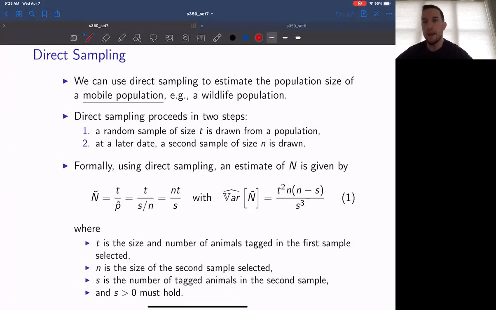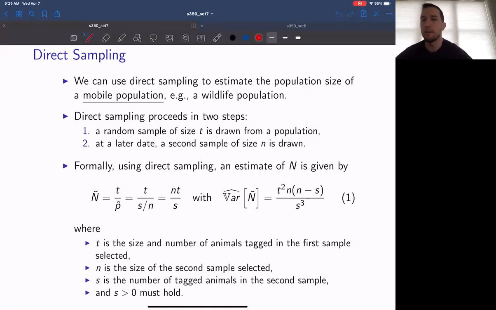N tilde, our estimator for capital N, is equal to little t divided by p hat, where p hat is little s over n. This gives us little n t over s. In this situation, n is the size of the second sample that was drawn, T is the size of the first sample that was drawn, and little s is the number of tagged animals in the second sample.